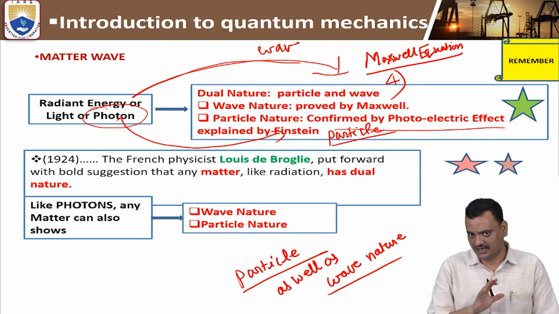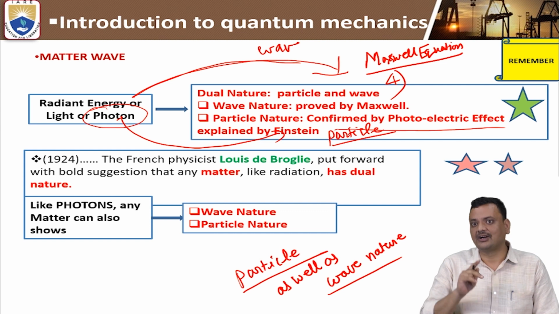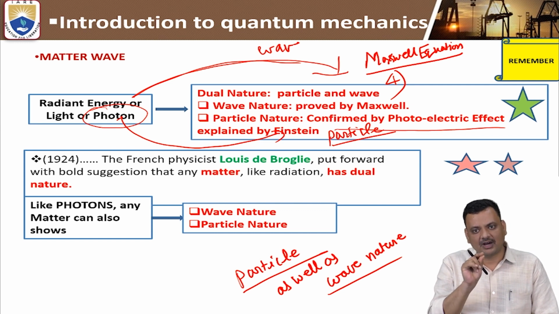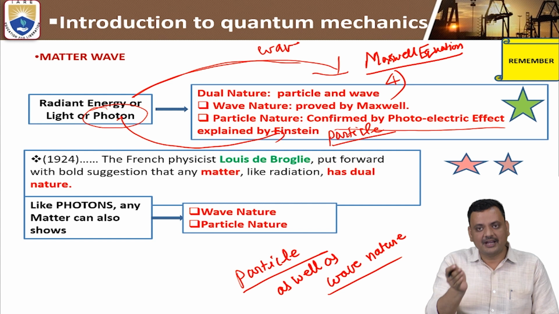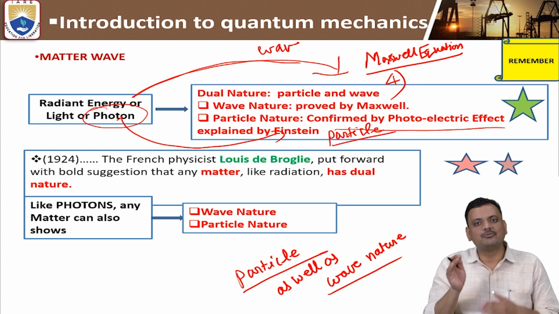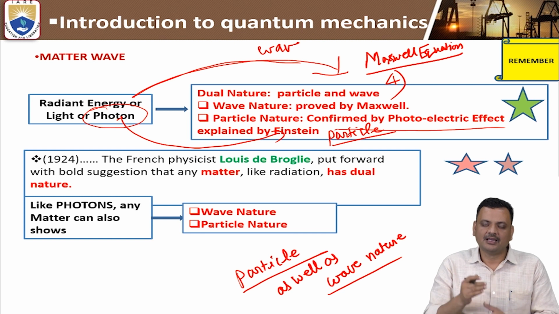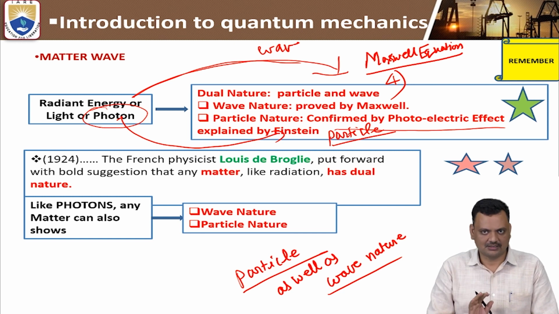You have to understand very clearly. And the second thing is the concept of matter wave, not the concept of dual nature of light. On the basis of duality of light, they tried to prove that like light, any matter can show the dual nature.